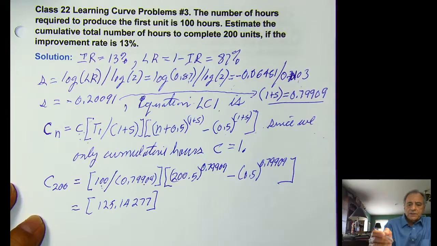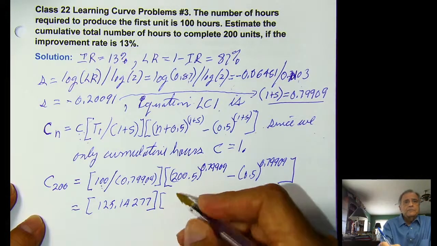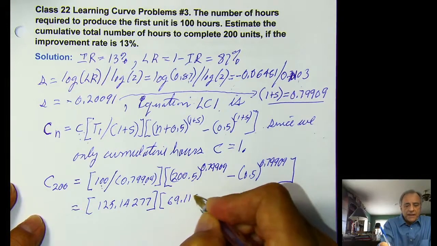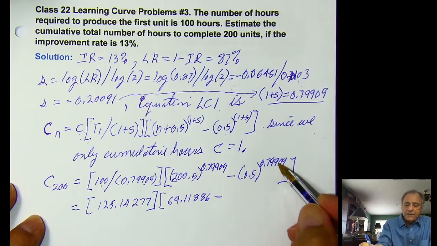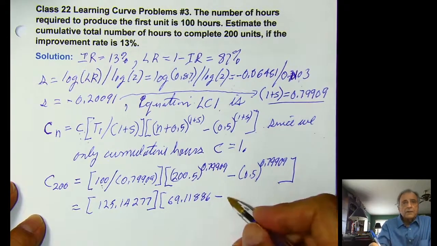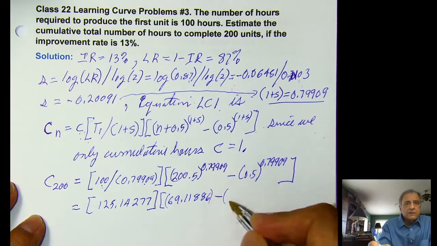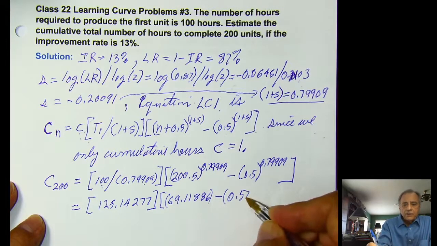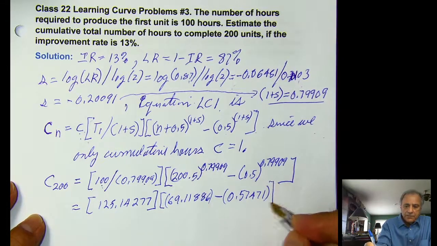And it turns out that then this number here, 200.5 to the 0.79909 power, is 69.11886, and this number, 0.5 to that power, is 0.57471, and then close the bracket.